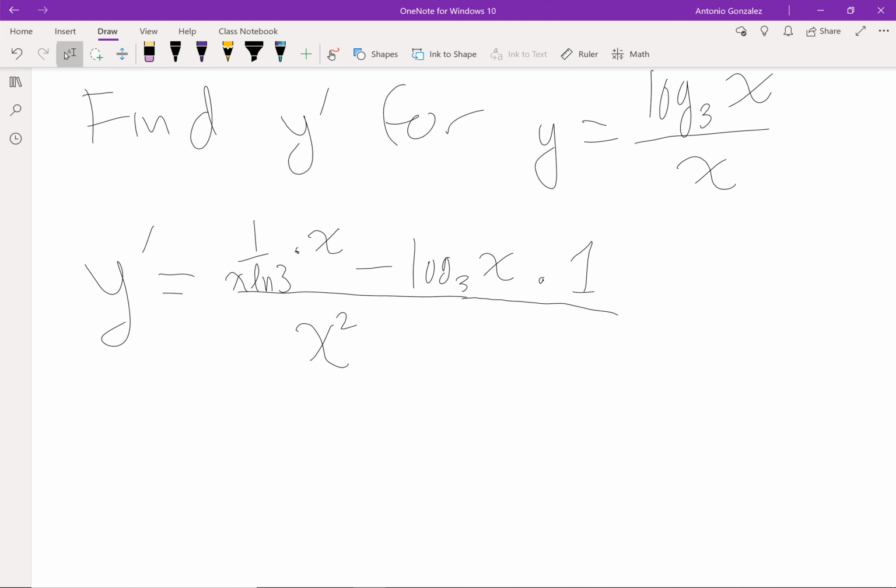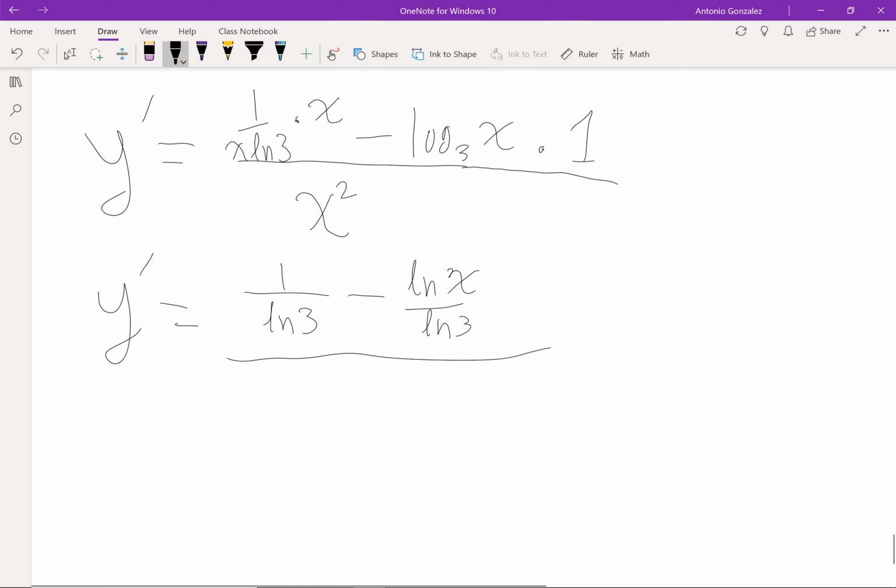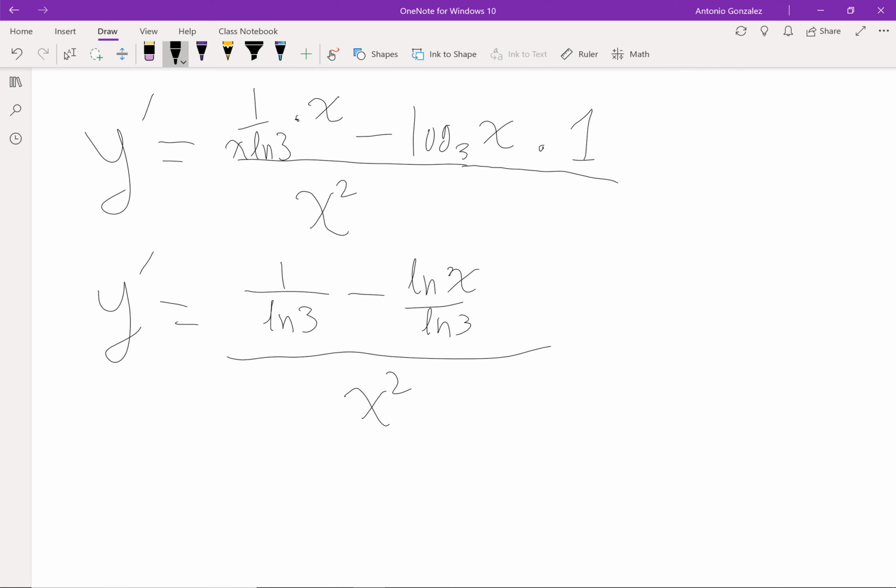Okay, and now let's clean this up a bit. One thing when you submit answers to me, I don't want any complex fractions. In other words, I don't want that 1 over ln of 3. So let's start trying to simplify that. So here, notice the x simplifies to 1. So we're just left with 1 over ln 3 minus, and now I'm going to write this log base 3 of x as a ratio of 2 natural logs.